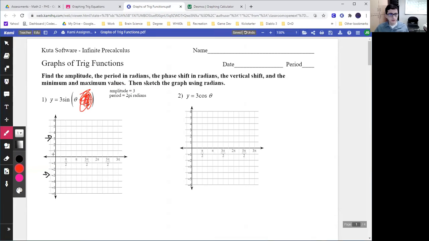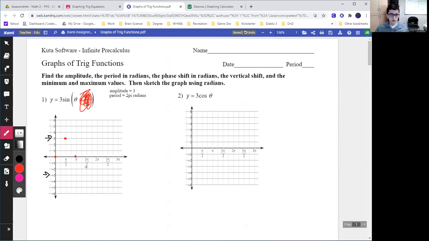So sine of 0 radians is 0, and then multiplied by 3 is still 0. Right? And then sine of pi over 2, sine of 90 degrees, that's 1, and then 1 times 3 is 3. Sine of pi radians is 0.